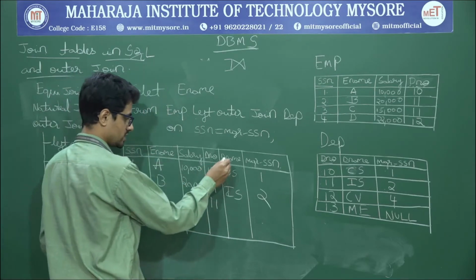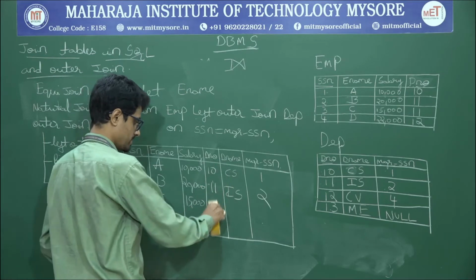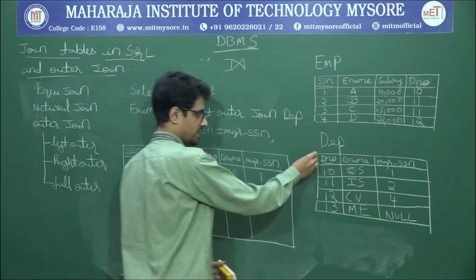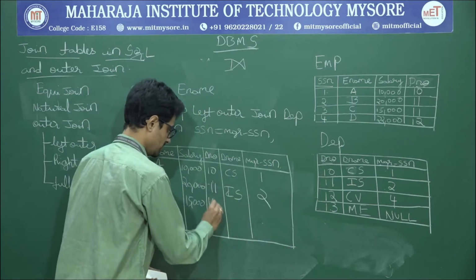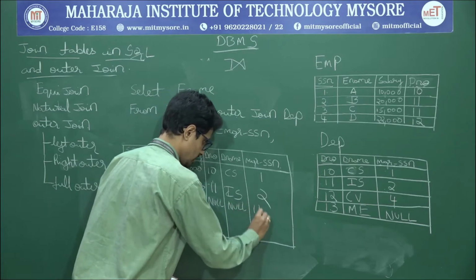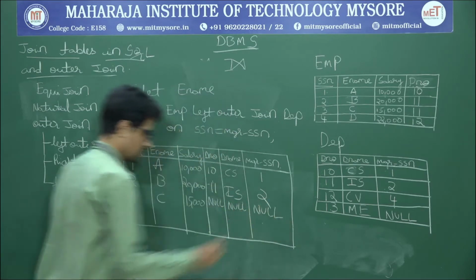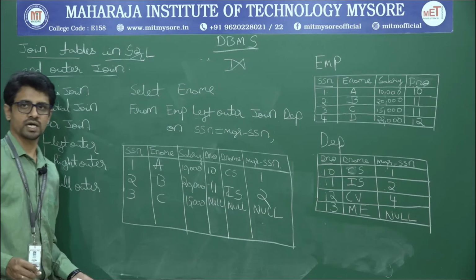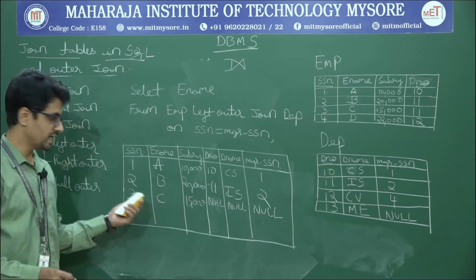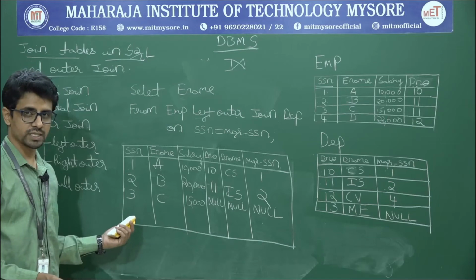Whereas the department number, the department name and MGR SSN of the department table should be filled with null, null, null. So this is called a left outer join, where we have the left hand side values being present in the resultant table.